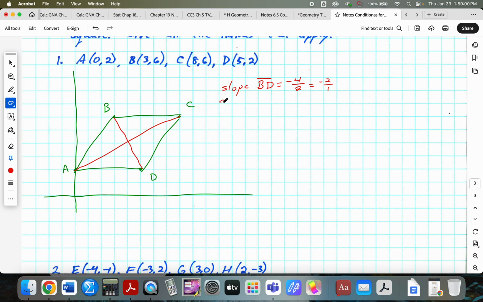The slope for AC, from A to C, we go up 1, 2, 3, 4, and to the right 8. So that's +4 over 8, which is 1 over 2.